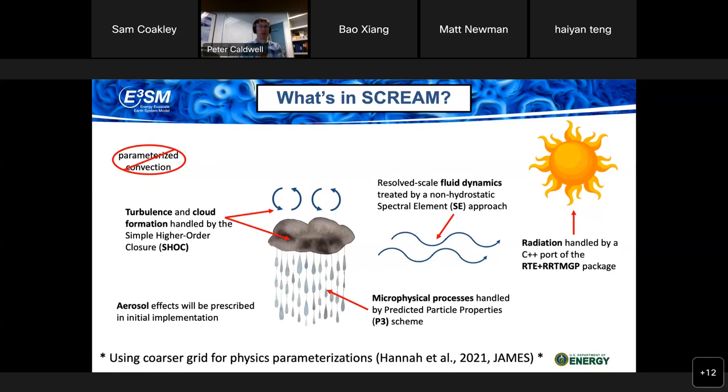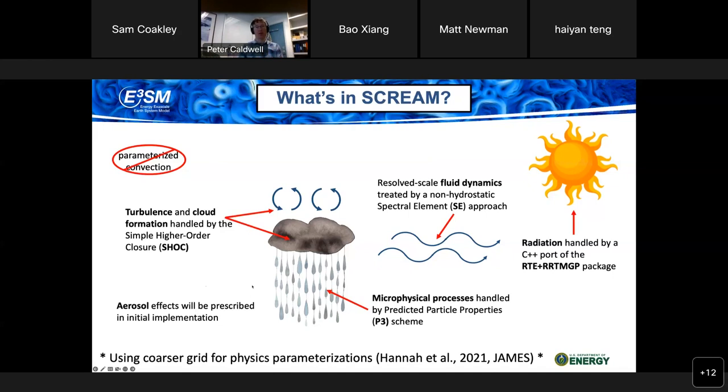And so it should be able to handle shallow convection, smaller convection in a reasonable way and make our model scale aware, scale insensitive. And it seems to do that between something like 1 and 5 kilometers. We get about the same answers. So that's good.